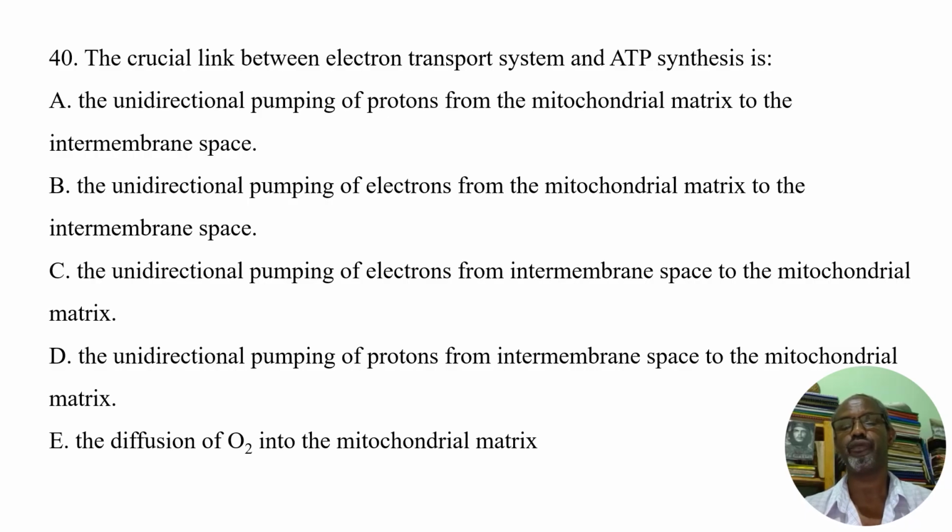When these protons finally come through the canal in ATP synthase, they activate the catalytic role of the ATP synthase, which serves as phosphorylating enzyme, which adds phosphate into ADP to produce ATP. Therefore, the crucial link between electron transport system and ATP synthesis is the unidirectional pumping of protons from the mitochondrial matrix to the intermembrane space.